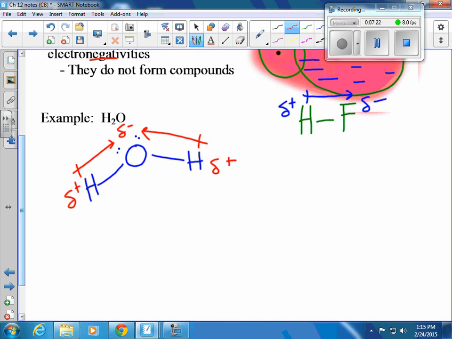And this is going to be slightly positive. Now this lends to the fact as to surface tension and why with water you can skip a rock across the top, or you've seen bugs walk across the top of water. If we take a look, the next water molecule that's going to come in here, those charges are going to be attracted to each other. So here I have my oxygen that's going to be slightly negative.